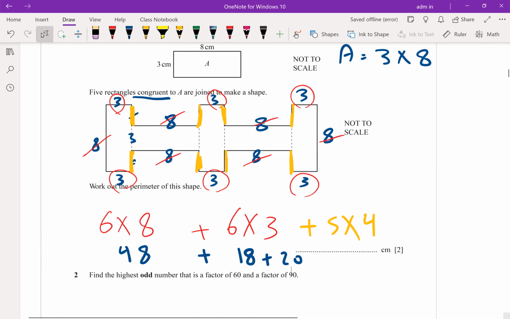What is the final answer? The final answer is 86. Yes. But why didn't we do 22 times 5?